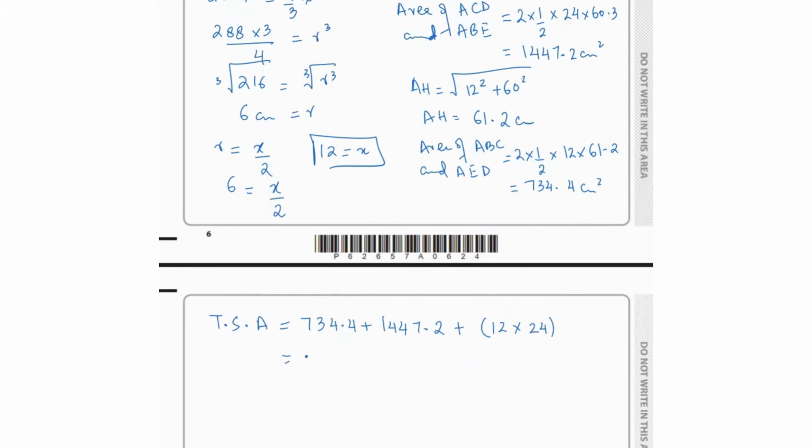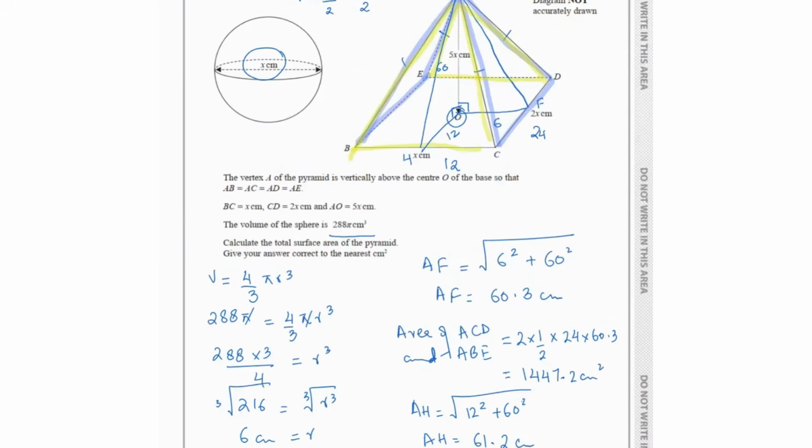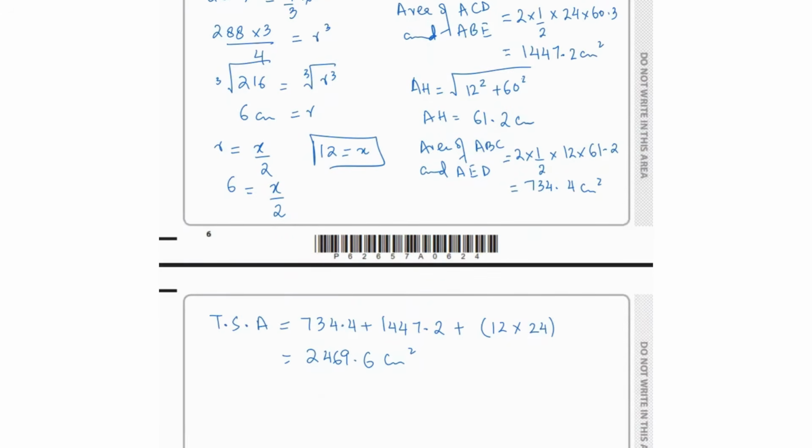That's going to give us 2,469.6 centimeters square. They want the answer correct to the nearest centimeter square. So that will be 2,470 centimeters square. That is your answer correct to the nearest centimeter square.